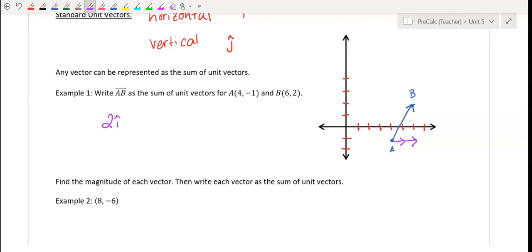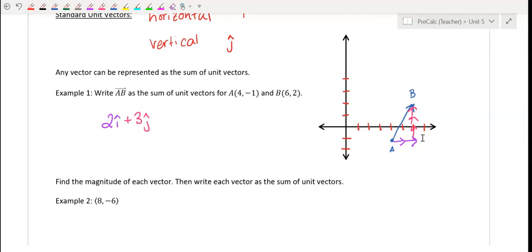And then from here, I'm going 1, 2, 3. I'm going 3 units up. And so I would go plus 3j. That's how you represent it as a sum of unit vectors.